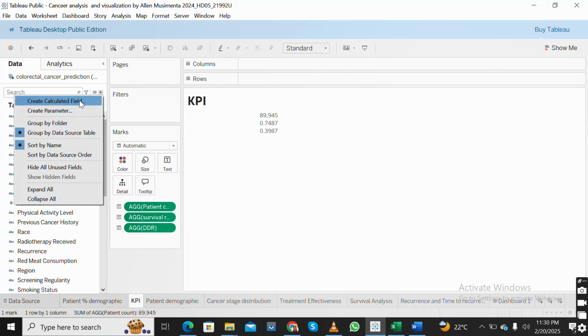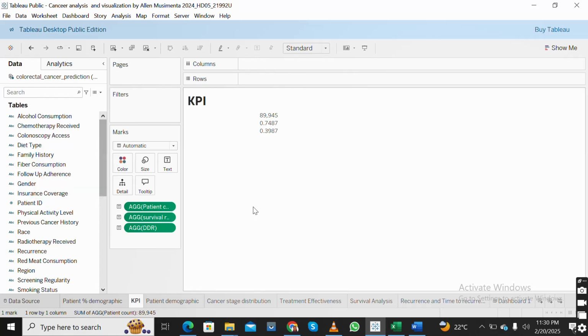So you can also find it right here. So we did a count for the total number of patients, the survival rate, and then the diagnosis rate.